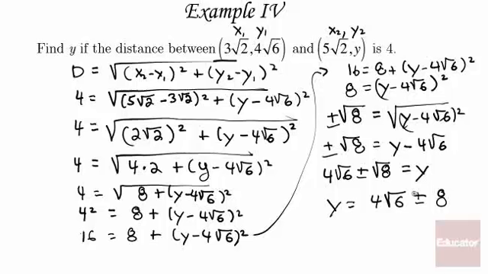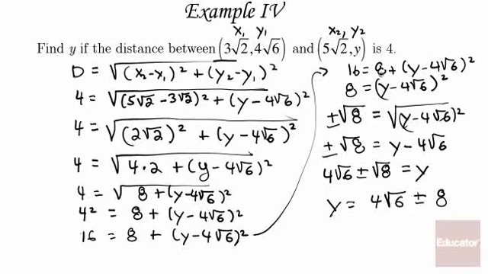This was another messy one. Fortunately, we did have radicals that were like radicals, so that when we applied these x terms into the distance formula, we were able to subtract these two terms to get 2 radical 2 squared. So that simplified things a bit. Continued simplifying down to here, squared both sides of this to eliminate the radical. That gave me 4 squared equals this whole expression, which was 16 equals all of this.